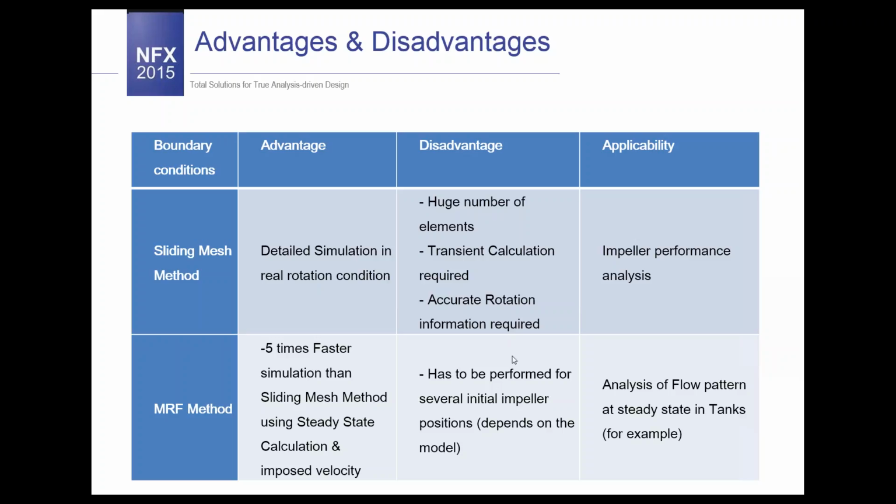I'll explain. This is used when you want to know the flow pattern in the steady state in the system. For example, if you analyze a tank and you want to know the flow pattern, you can use this, because you don't focus on the blade or the performance of the impeller, but on the flow.